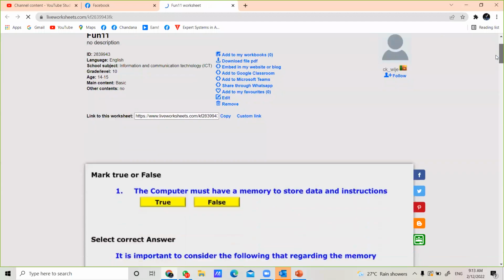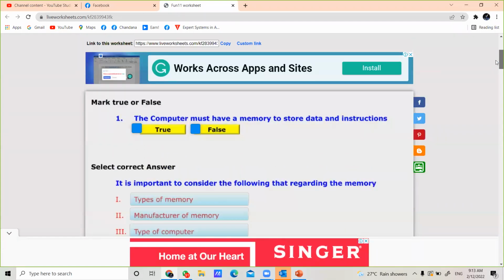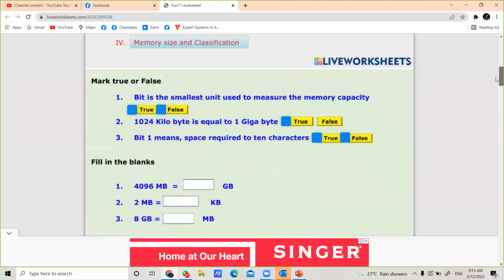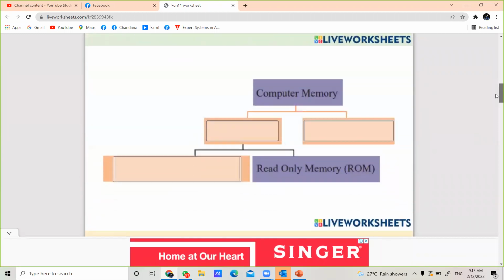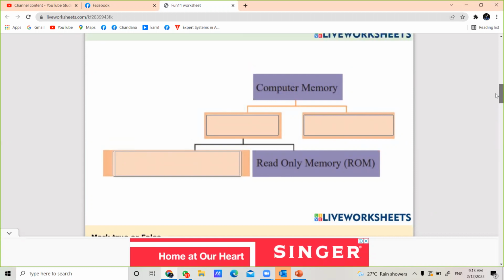Once you click here, you open the activity sheet. I think the first two activities we completed. This one also we completed. Right. We should complete from that point, and based on the slide we discussed now, try to fill out this one: computer memory, mainly two types.